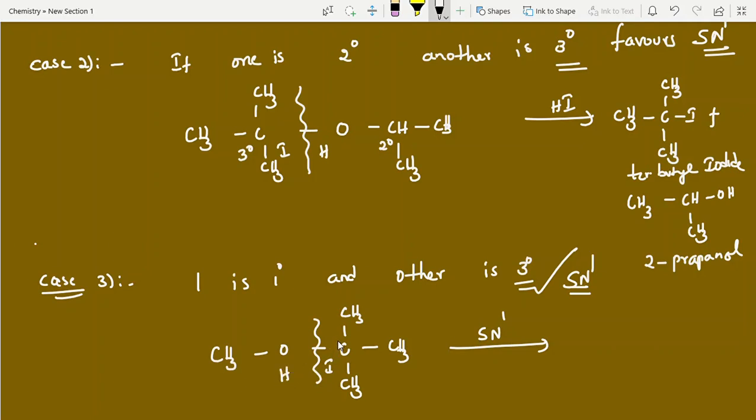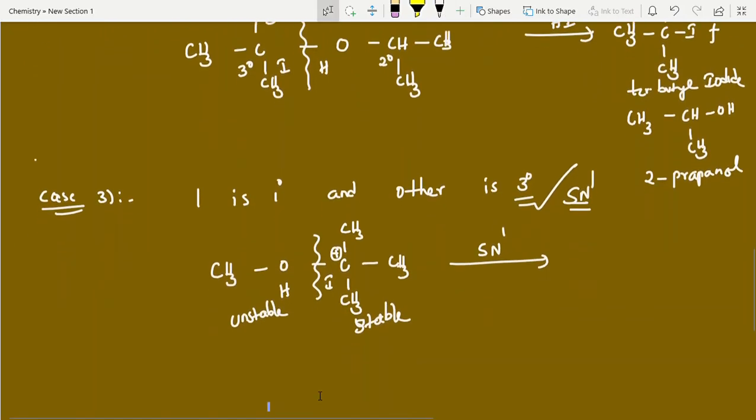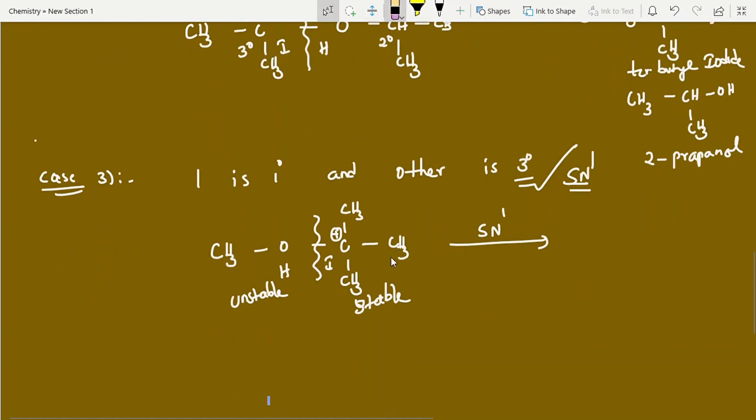Why SN1? It forms a tertiary carbocation. Tertiary carbocation is stabilized by inductive effect and hyperconjugation. That's why it takes the positive charge. Here the positive charge is highly unstable. Always we have to check like this. This is a stable carbocation. This is an unstable carbocation. We have to check these two conditions and easily we can write the answers.